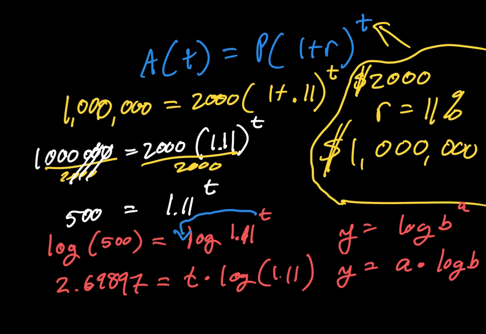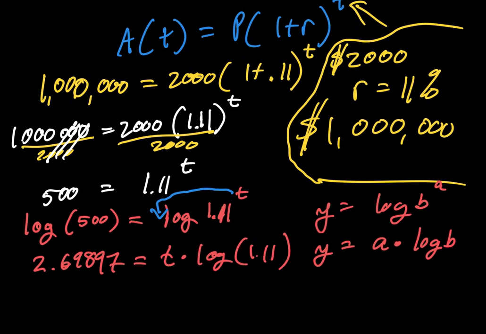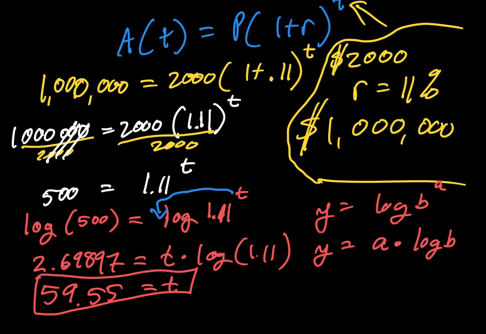So I am going to take my 2.69897 and divide it by the log of 1.11. And my t equals 59.55.